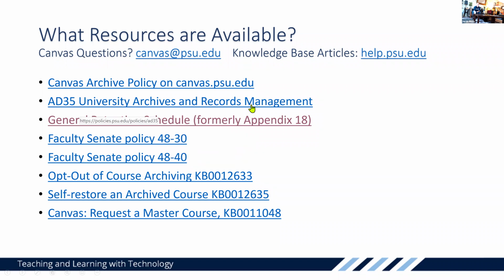I've referenced AD 35, that the university records have a timeline, the general retention schedule for grades, the faculty senate policies 4830 and 4840 that we have designed the 1 year display of courses on your dashboard for, as well as 3 very popular knowledge base articles: how to opt out of course archiving, how to self-restore the course once it is archived, and one for making those master courses. We have a knowledge base article specifically designed for that.